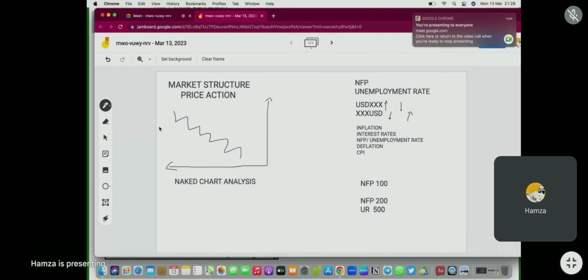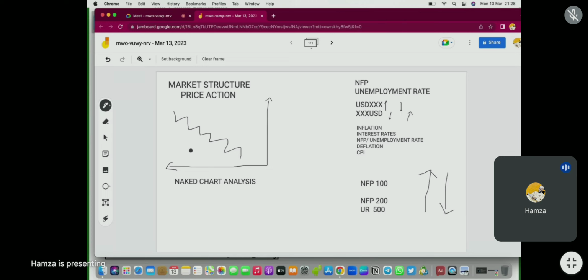Perfect. So if the NFP print is positive, that means DXY, any instrument that has DXY as the base currency is supposed to go up, and any instrument that has DXY as the quote currency is supposed to go down.